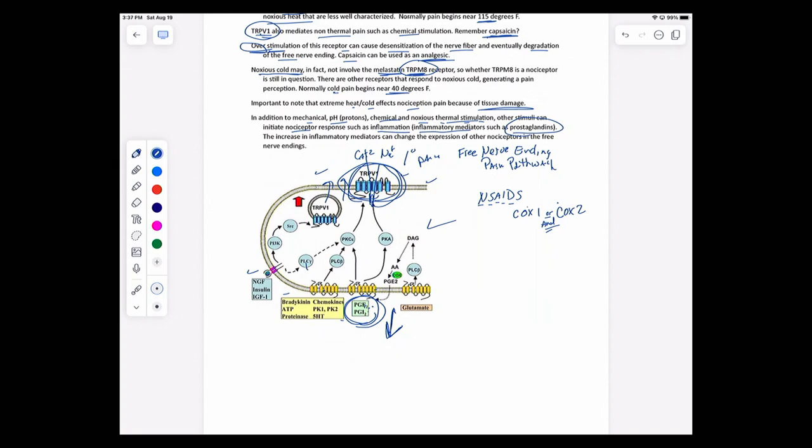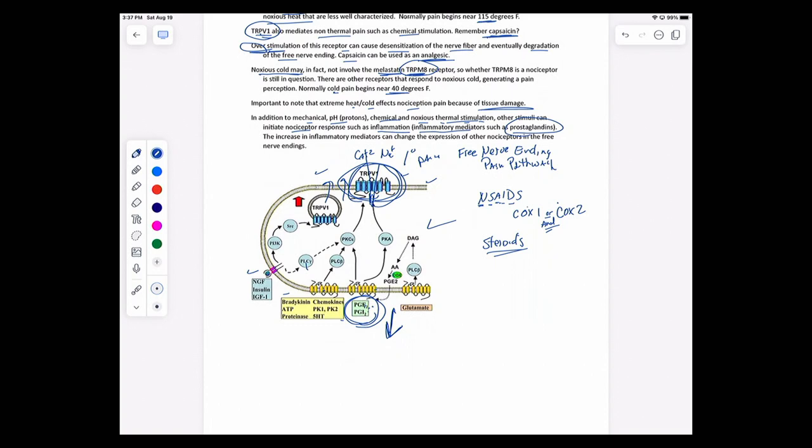So note this is a non-steroidal anti-inflammatory drug, which means that steroids can also be used to manage pain. And so what steroids do across the board, they interfere at multiple levels in terms of the production of all these factors that are being released into the tissue in response to an inflammation.